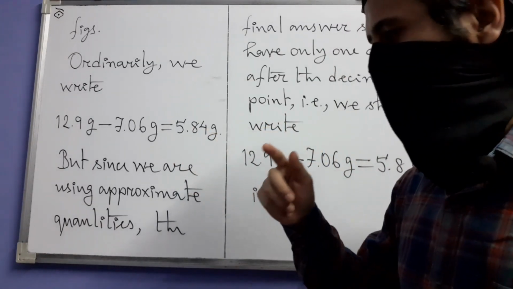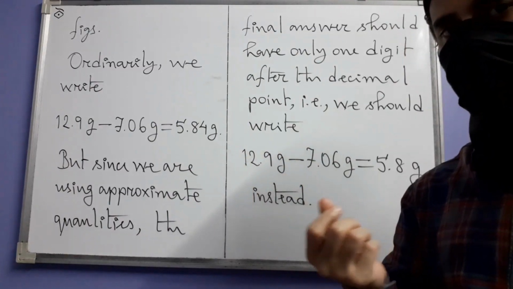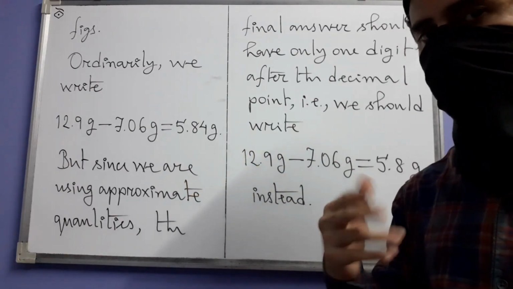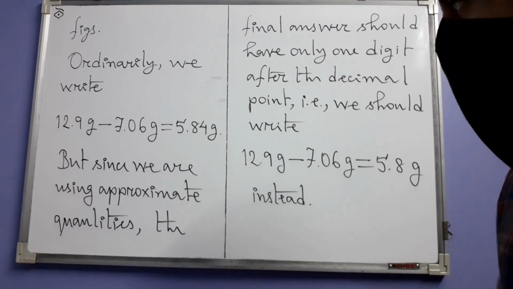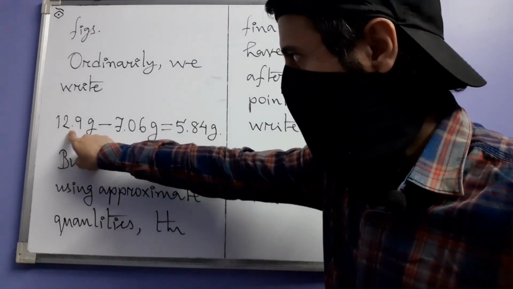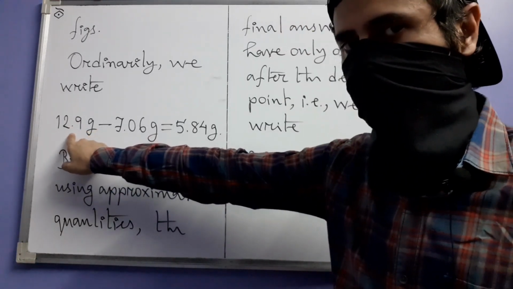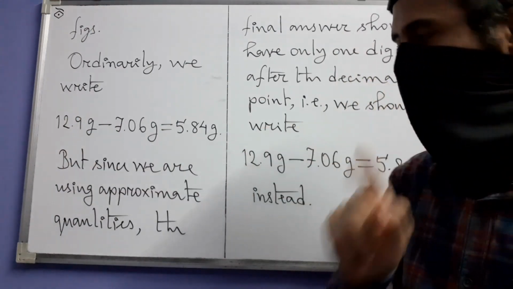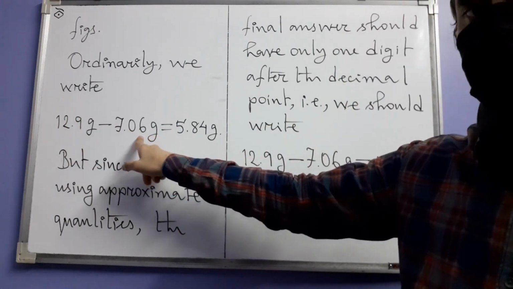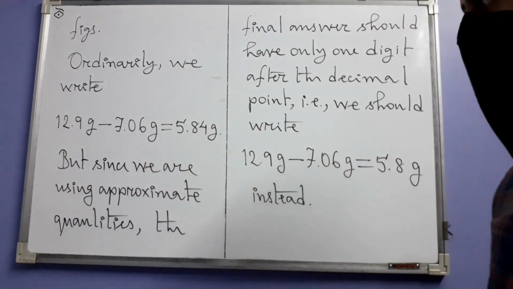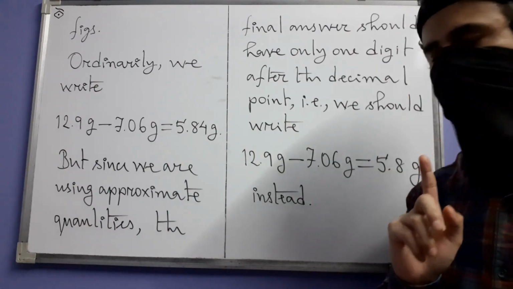So the rule for deciding how many significant figures the answer should have is now different. How many digits does this one have after the decimal point? 1. This one, however, has 2 digits. So the final answer should have actually 1 digit.